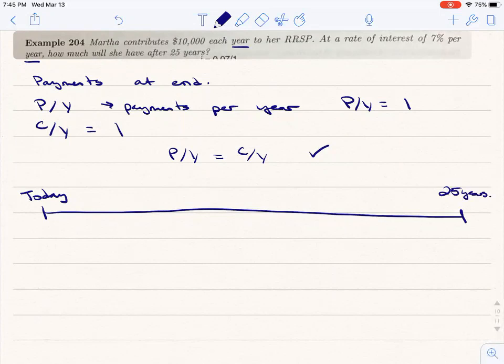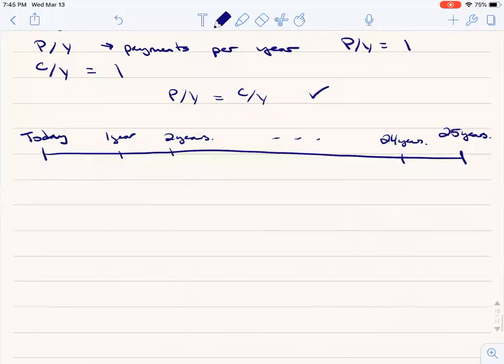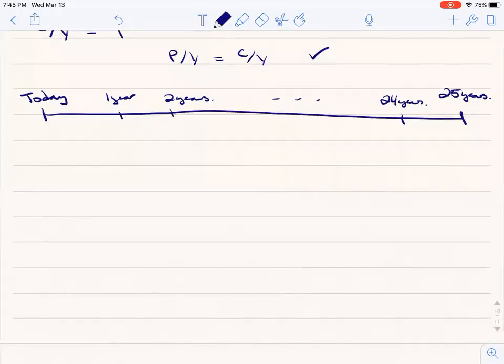So for 1 year, 2 years, and then the last tick, and then 24 years. Because I want to see at least 3 in the beginning and at least 2 on the end.